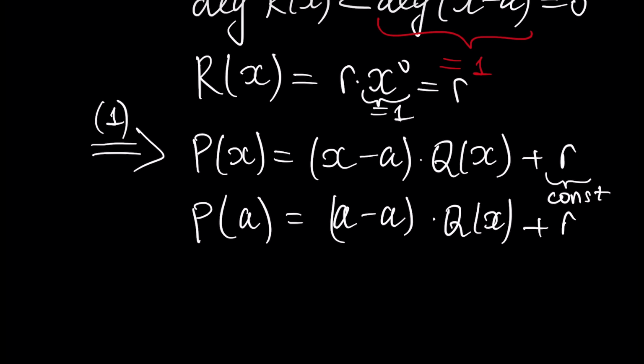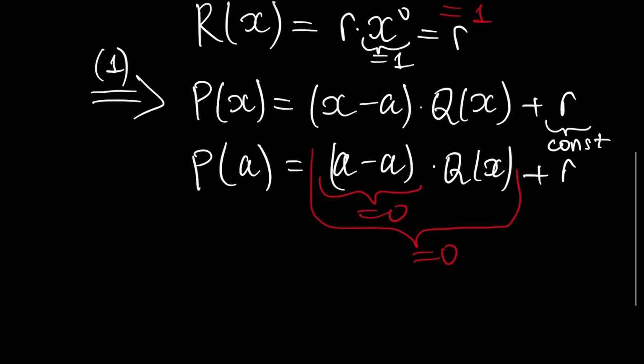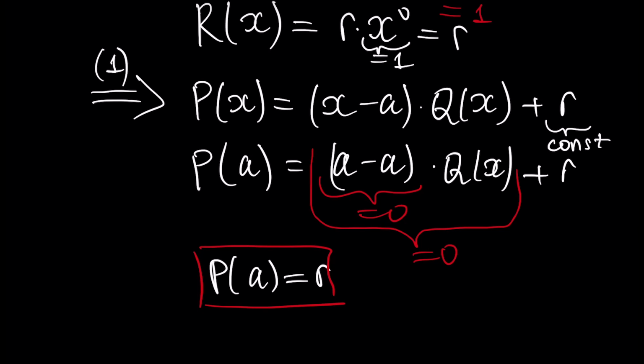Because a minus a is 0, this part will be equal to 0. And we will have that p of a is equal to r, which means that our remainder r is equal to p of a. This is the result of the French mathematician Bezout.